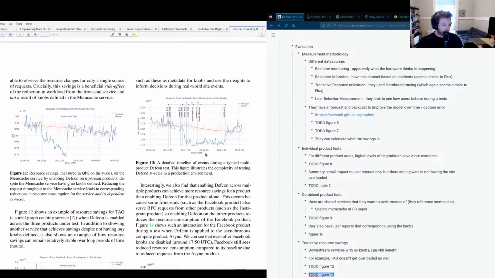That's interesting. But I wonder if some of this capability could be done with the tracing framework. Or maybe it is done with the tracing framework.